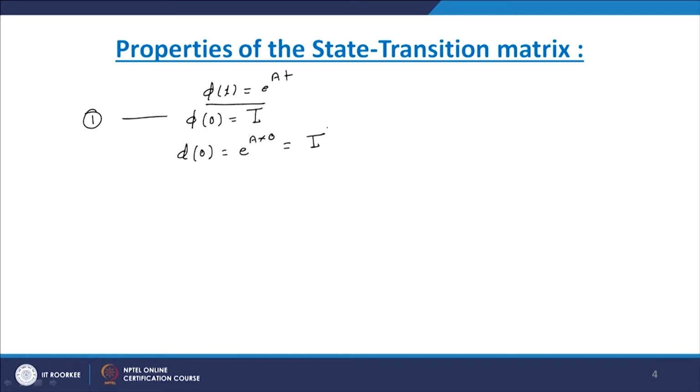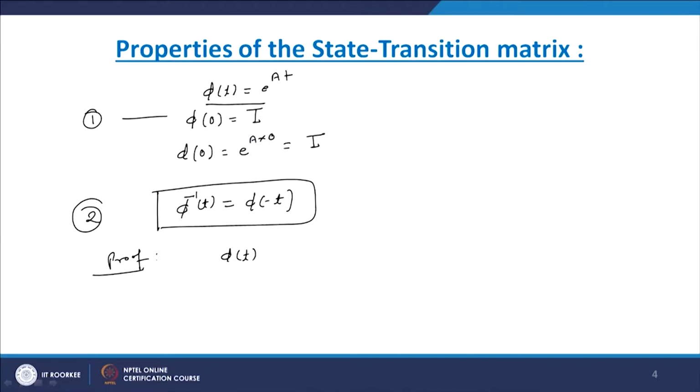Now, the second property we have to prove: phi inverse of t equal to phi of minus t. Now, how will you prove this one?